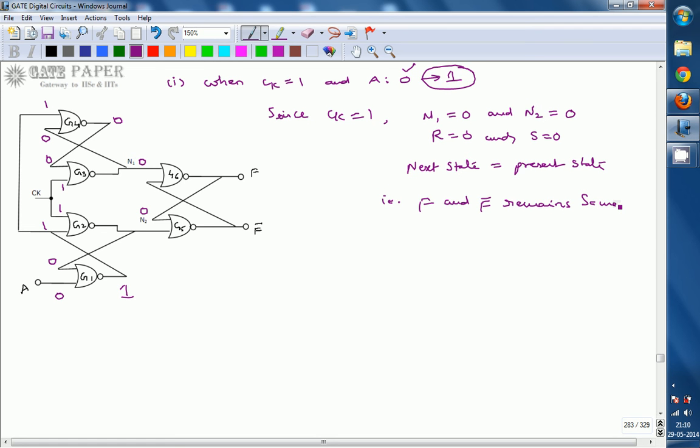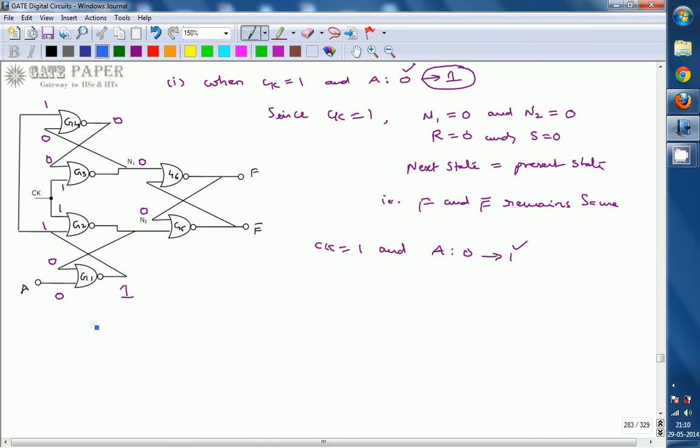Now we are going for the second one, that is clock equal to 1, CK equal to 1, and now A is changing from 0 to 1. So whenever A is changing to 1, what changes take place?